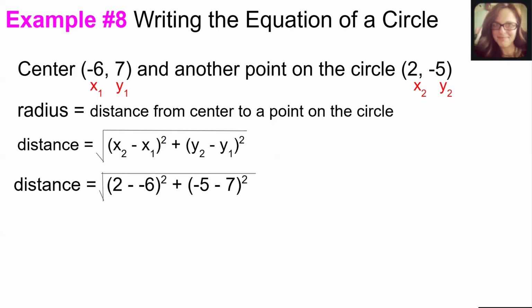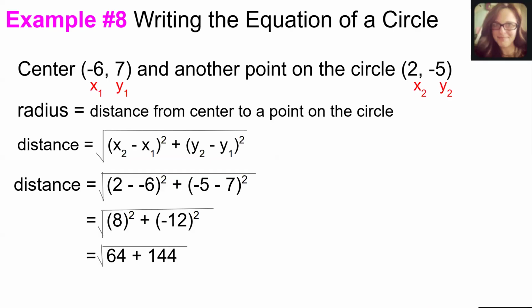Substituting them into our formula, we get 2 minus -6 and -5 minus 7. We'll subtract and then square 8 and -12, and we can add them together, and our radius r is the square root of 208. Now we can substitute our information into our circle equation.